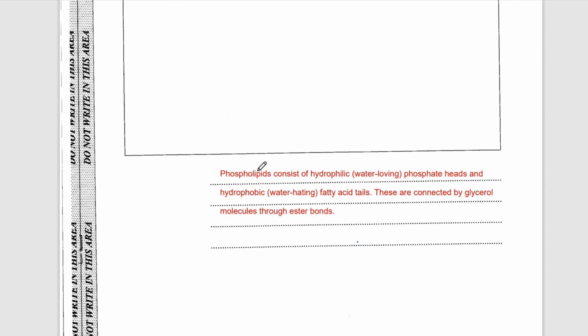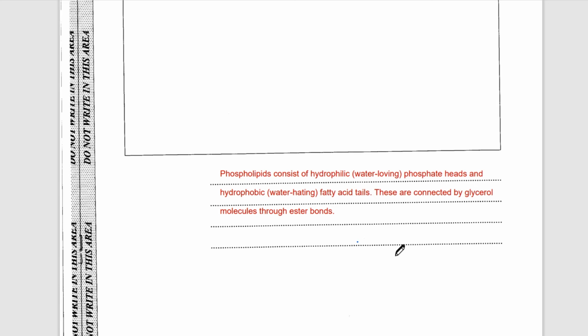Phospholipids are what you call amphipathic, which means that they consist of hydrophilic, or water-loving, phosphate heads and hydrophobic, or water-hating, fatty acid tails, because they're very oily and they repel water.